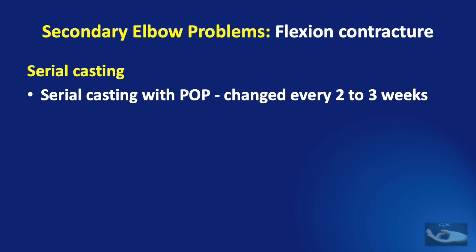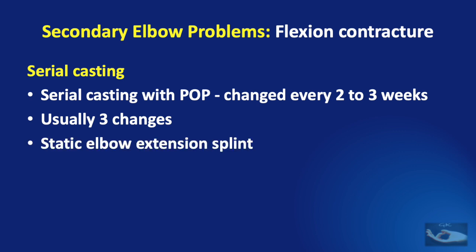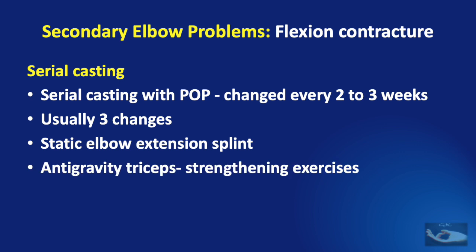This is changed every 2 to 3 weeks and every time the elbow is stretched just a little further. Usually about 3 changes are required before the elbow comes into full extension. Then a static elbow extension splint must be applied and simultaneously anti-gravity triceps strengthening exercises are started.